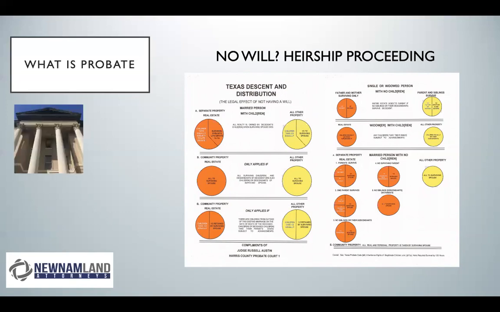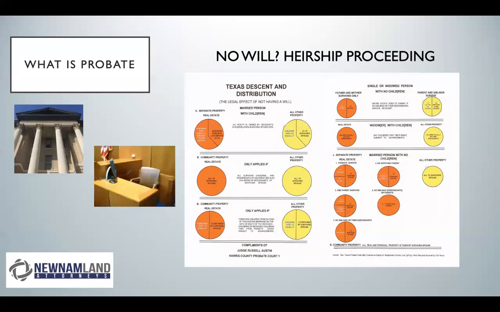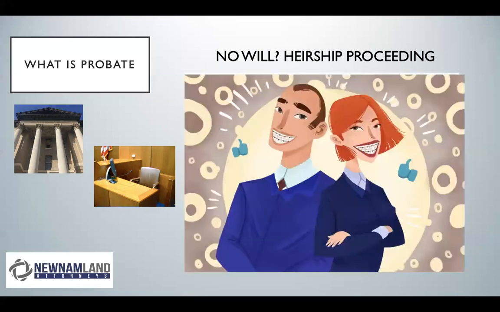So if you die without a will, again, you have to have a court proceeding initiated by someone who then goes into court and testifies. But this time, instead of testifying that the will is the last will and testament of someone, because there isn't a will, they have to testify as to who the family members are.